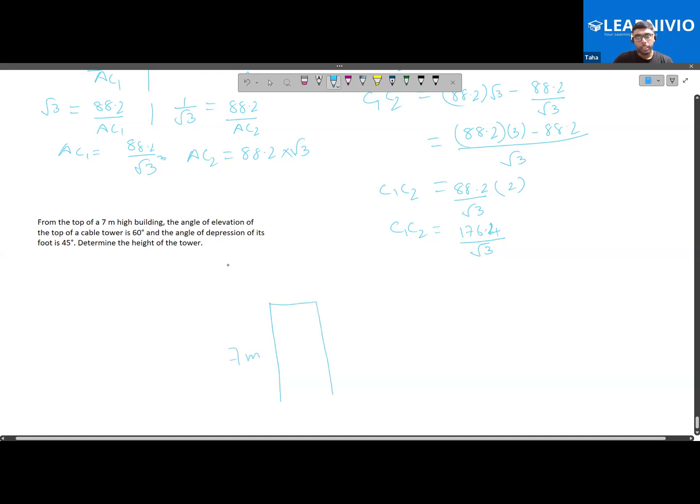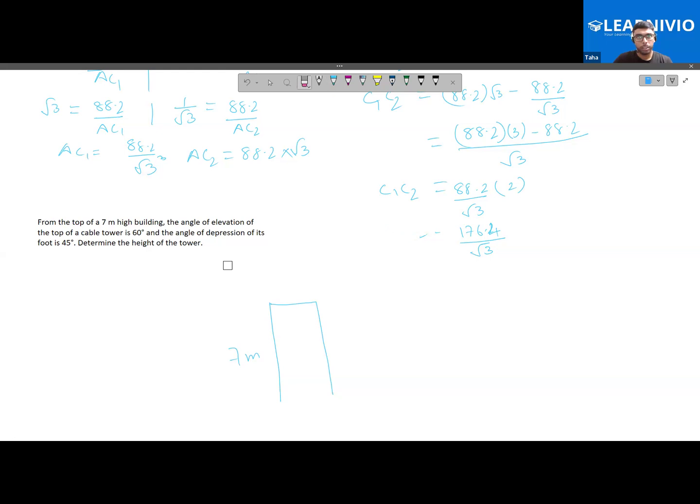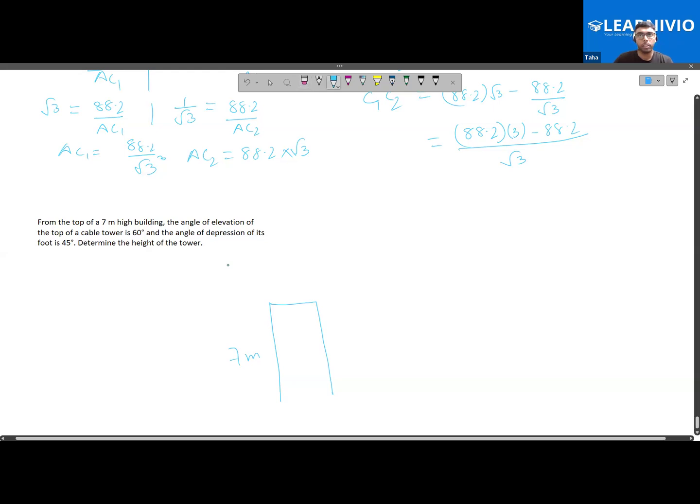From this building, this person is observing a cable tower. The angle of elevation is 60 degrees to the top of a cable tower, and the angle of depression of its foot is 45. Determine the height of the tower.